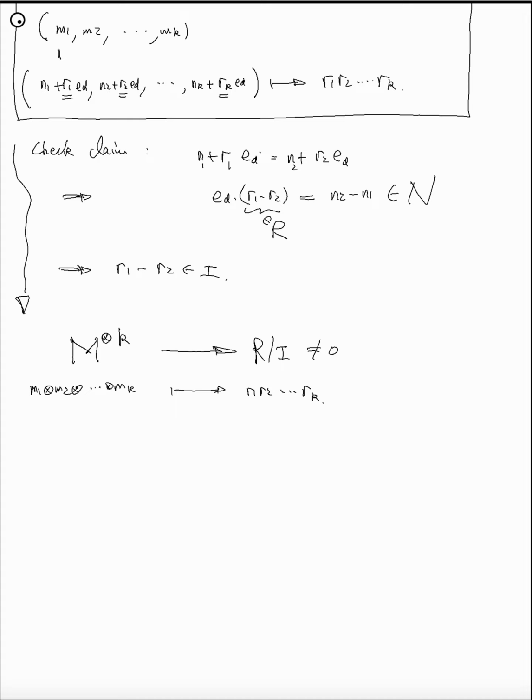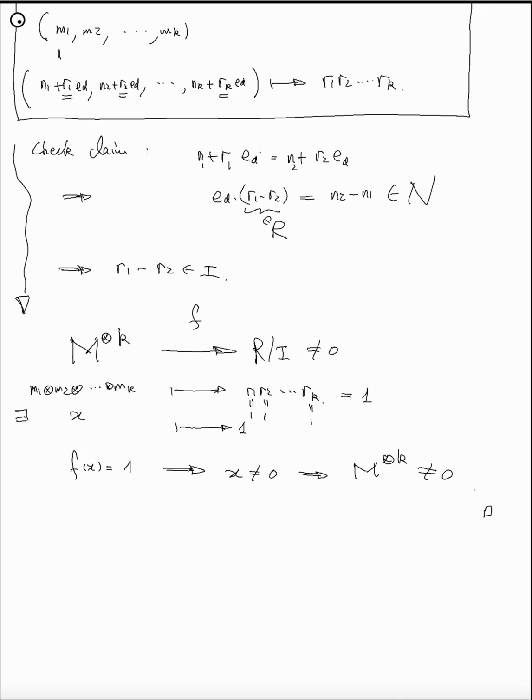We want to show this is non-zero. If it's totally zero, then all the images must be zero, right? So in particular, let's take r1 equals 1, r2 equals 1, rk equals 1, and so this is coming back to there exists some element here mapping to 1. And so this is our linear map. Let's call this x. So f(x) equals 1 implies x is not 0.